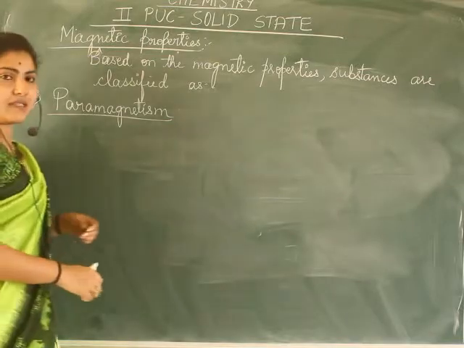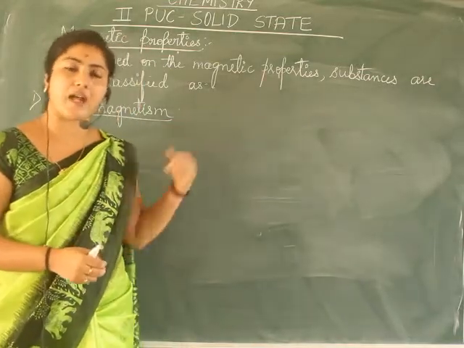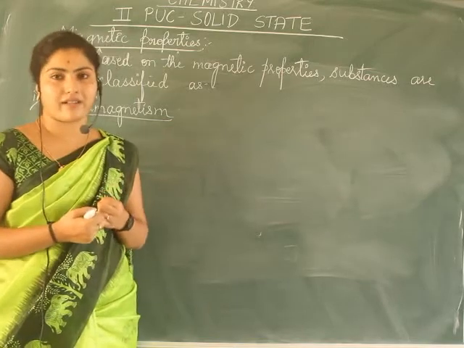Paramagnetic substances are those which are weakly attracted by the magnetic field.